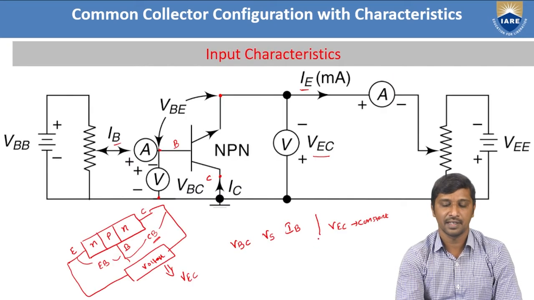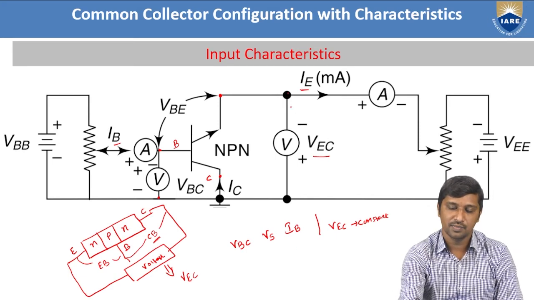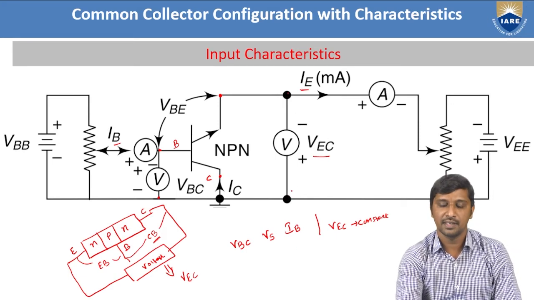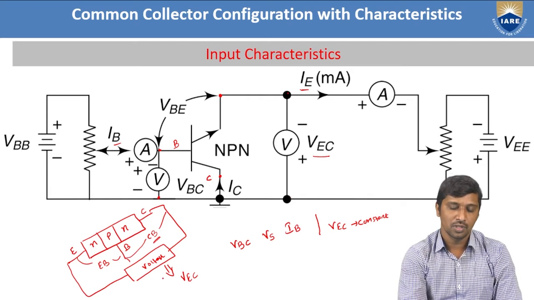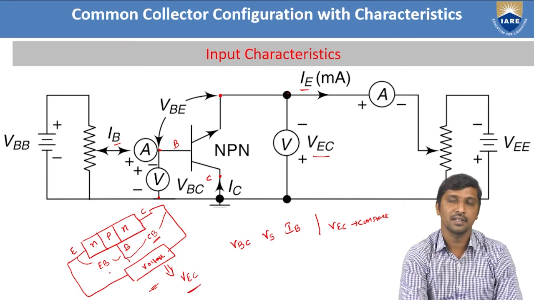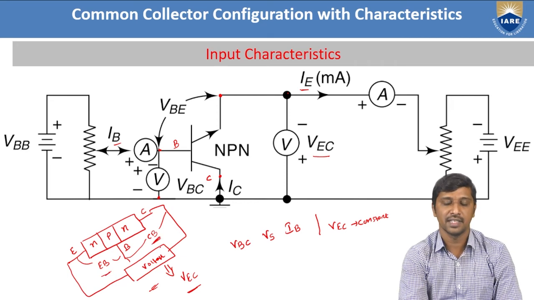So from this representation, the potential difference between emitter and collector is represented as VEC. To observe this construction, if you want to measure this VEC, that voltage is the combination of the emitter base junction voltage and the collector base junction voltage.